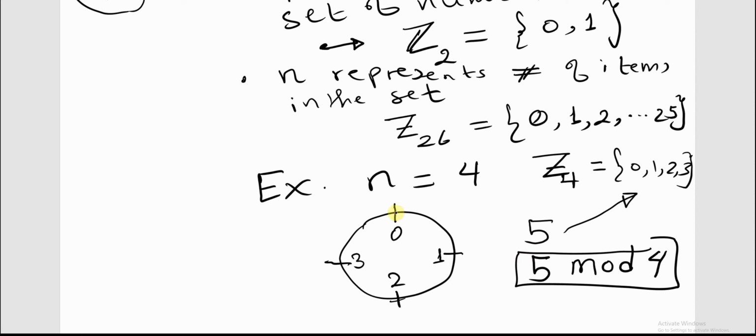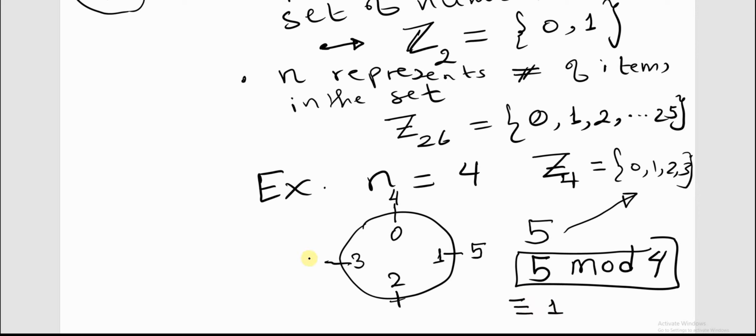If we try to move on the clock, this is 0, this is 1, this is 2, this is 3, this is 4. 4 actually is, there's no number called 4. 4 is actually 0. So here it's 4, and this is going to be 5. So actually 5 mod 4 is equivalent to 1.